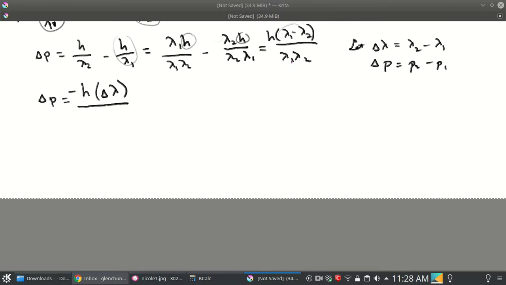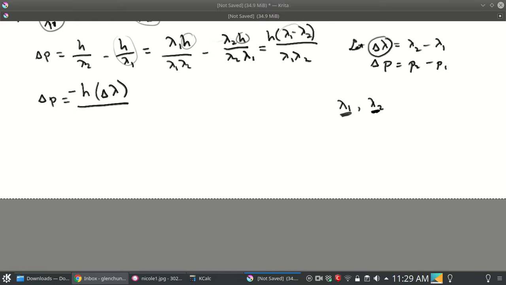And then lambda 1 times lambda 2 down here. What is lambda 1 times lambda 2? Well, lambda 1 is the wavelength that you measured, and lambda 2 is the wavelength that you measured again, where this one was the minimum measurement and this one was the maximum measurement. The difference between them, delta lambda, is just the error in your measurement, or the uncertainty.